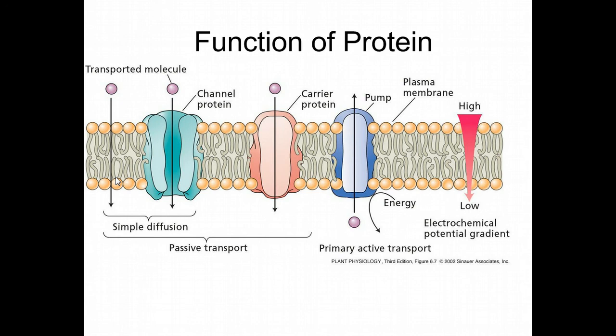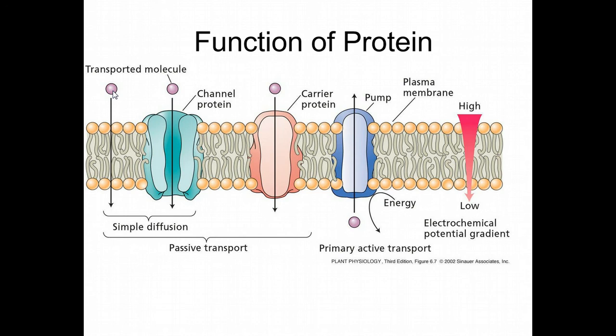Now, there are different kinds of proteins and different ways that things get into cells. On the left-hand side, we have something called just diffusion. That is, a molecule just can go across the cell membrane. Very few things actually diffuse into the cells. There are even proteins that carry water into the cell.